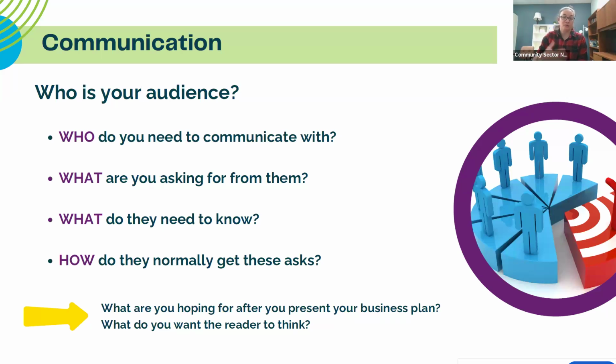And then what are you hoping for after you present that? That would be securing the loan, securing the funding, and how do you want the reader to perceive your business? You want it to be well thought out, with a clear value proposition. You're able to tell a clear story, and you're able to really demonstrate that you're going to be able to get the revenue that you're intending to.